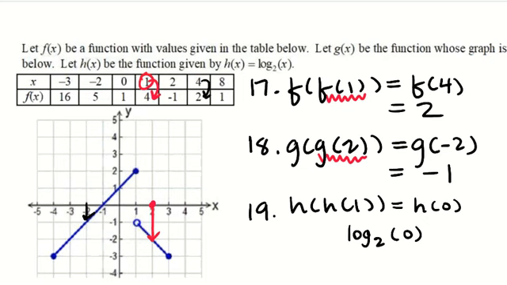Or you could say that this is 2 to what exponent is equal to 0. And I'm going to say that that's not possible. You can't take 2 to any power and get 0. You take it to a positive power, it's going to be positive. You take it to a negative power, it's going to be positive but small. You take it to the 0 power, it's going to be 1. Nowhere in there is 2 to any power going to equal 0. So what I'm going to say is that this is undefined.